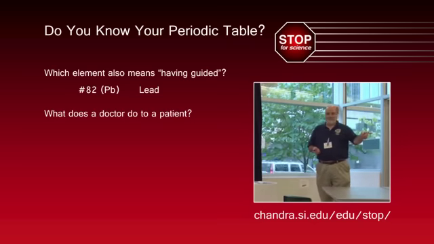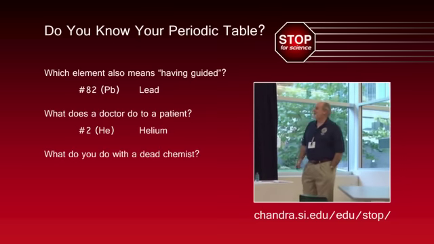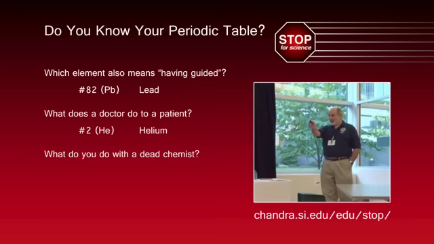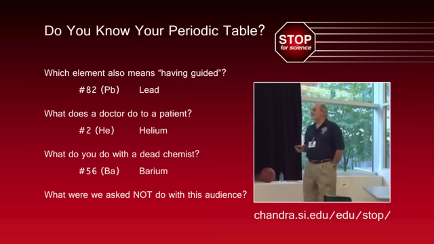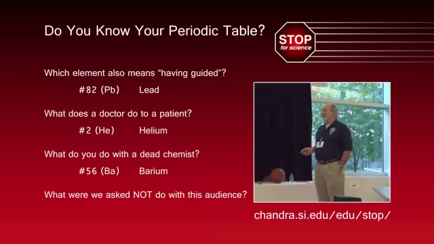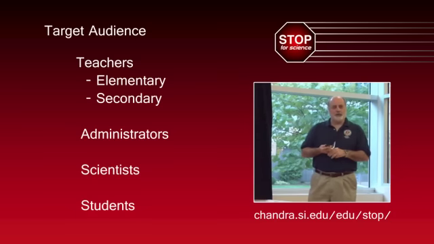Helium. Very good. Helium. Now you're rolling. Next one. What do you do with the dead chemist? Very good. Finally. What were we asked not to do with this audience? Very good. We have designed this for elementary, but it is appropriate for middle school too, you'll see.